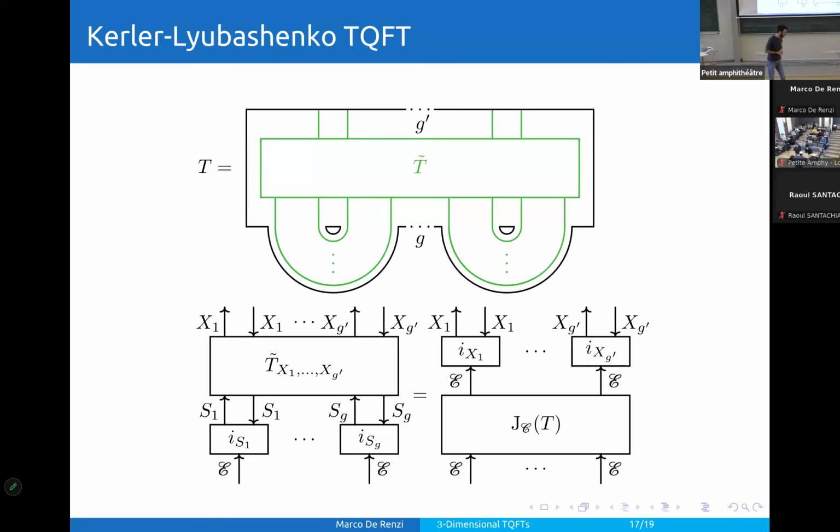Also, Lyubashenko and Kerler always work with the coend, but Costantino, for instance, always worked with the end, even though he draws bottom tangles because he reads them. But his convention is to work with the end, and if you have a preferred convention, they are equivalent, so they can be exchanged. You just need to do this coherently throughout the whole construction.